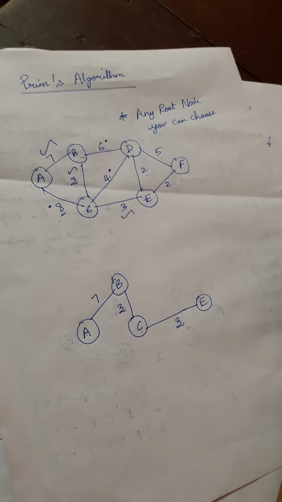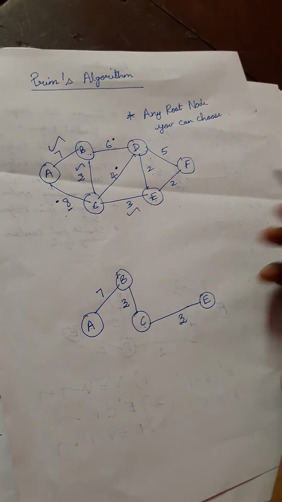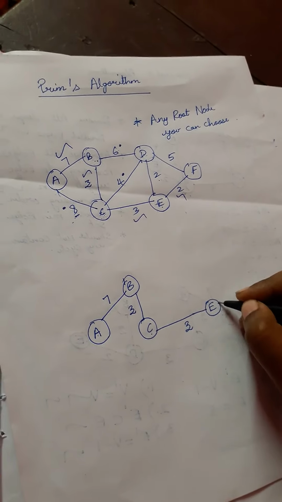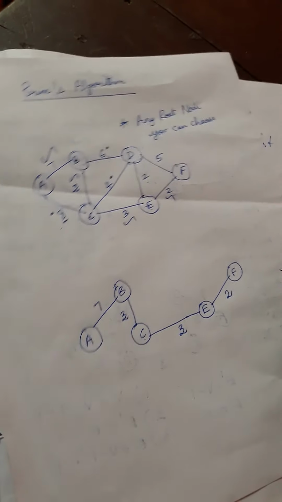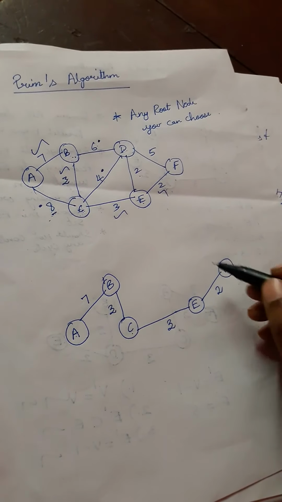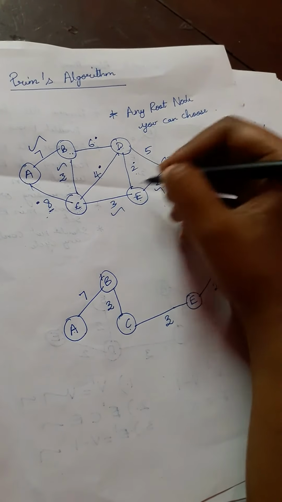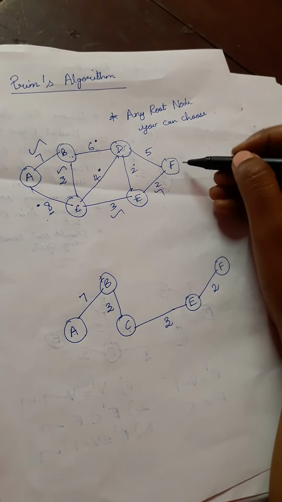Both have 2, so you can select any one. I am selecting this 2, the route E to F, and I will write it as 2. After comparing, this is also taken. No one else is going to E, so now I will take F.